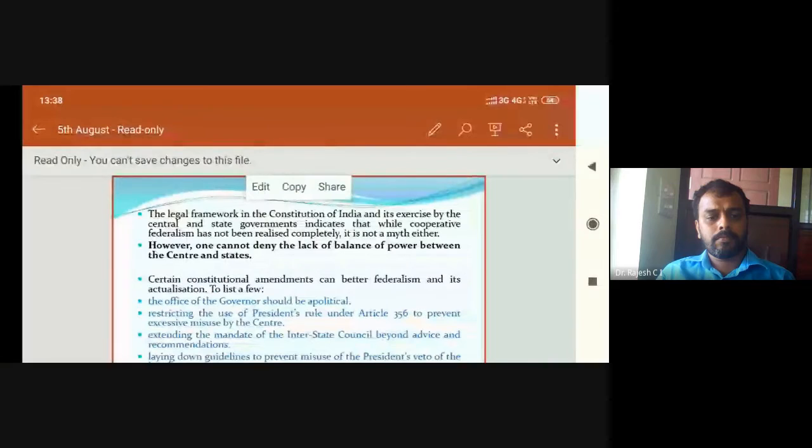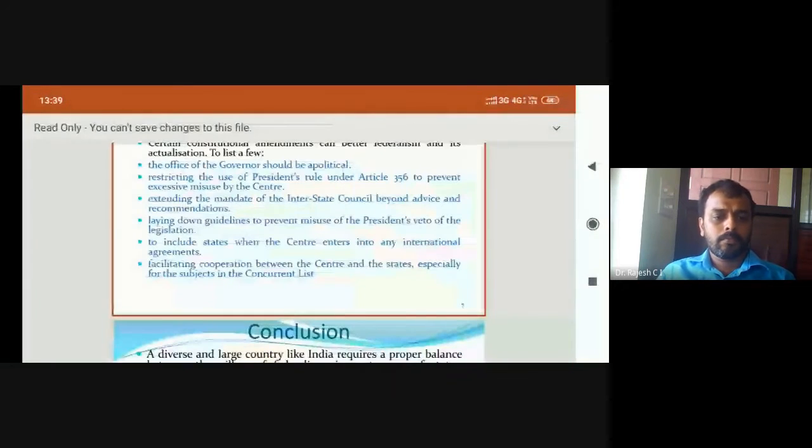Now, suggestions. The legal framework in the Constitution of India and its exercise by the central and state governments indicates that while cooperative federalism has not been realized completely, it is not a myth either. One also cannot deny that there has been a lack of balance of power between the center and the state. So what can be done?